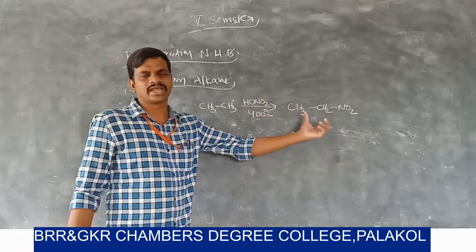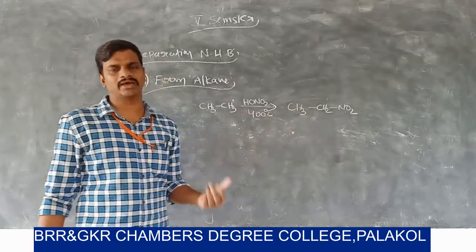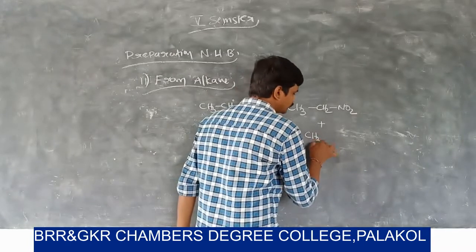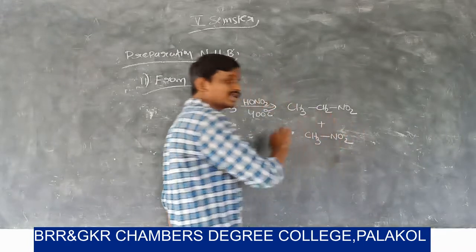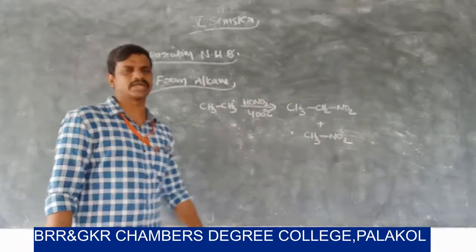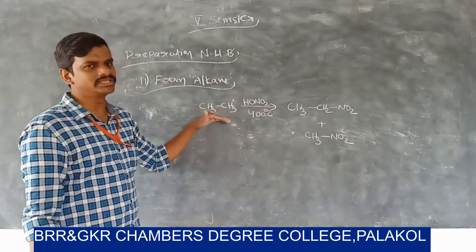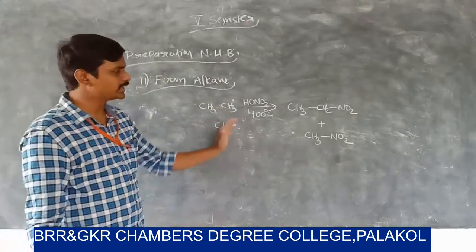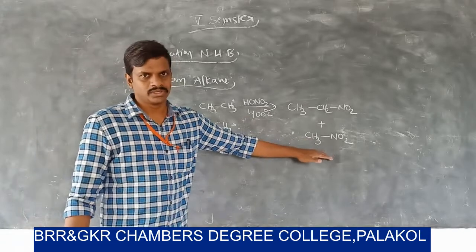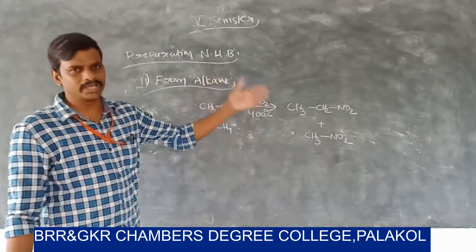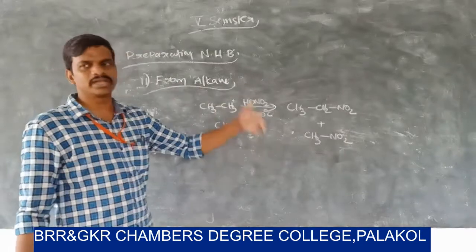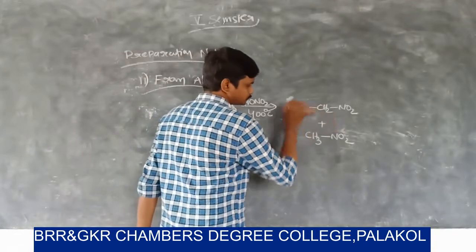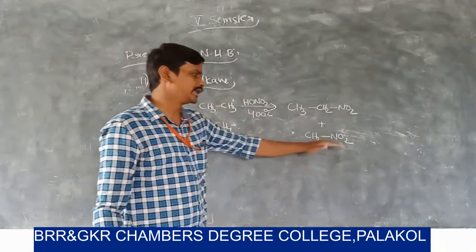It forms aliphatic nitrohydrocarbon. Here also we have one drawback, that is, in this reaction also we can get a mixture of products, except with methane. If in place of ethane I take methane, then we get only nitromethane. If I take ethane, propane, butane, then in any case we get a mixture of products. Ethane generates nitroethane and nitromethane.